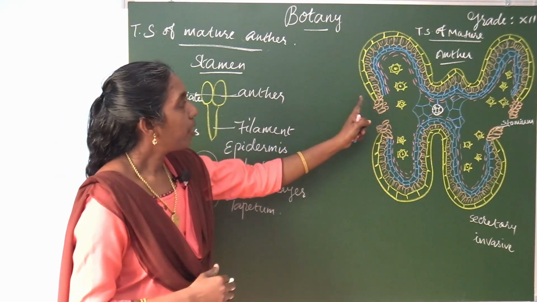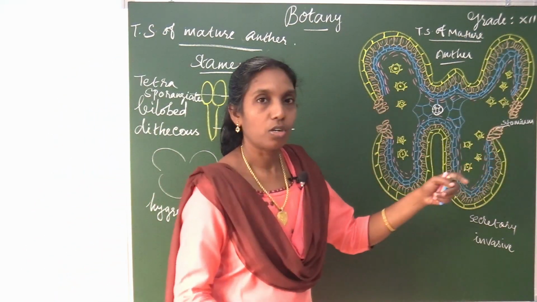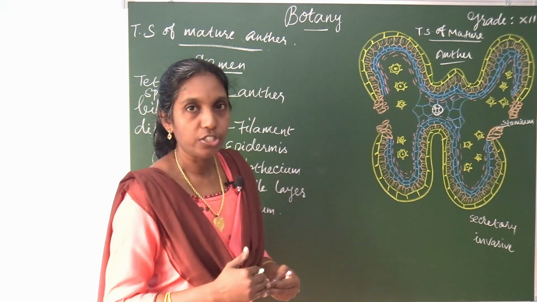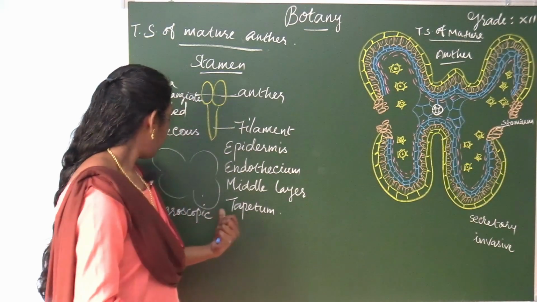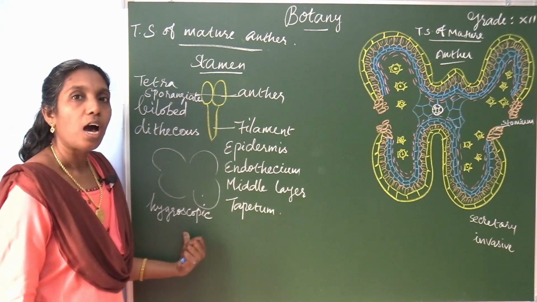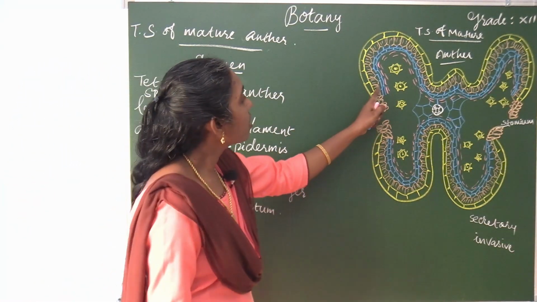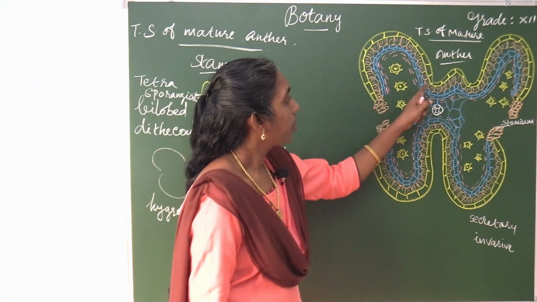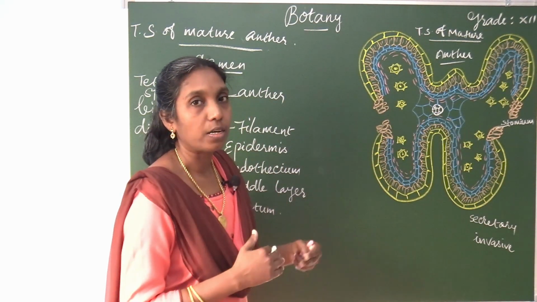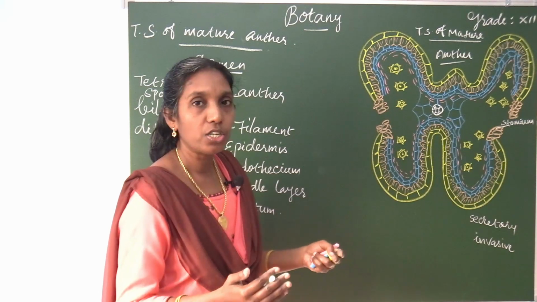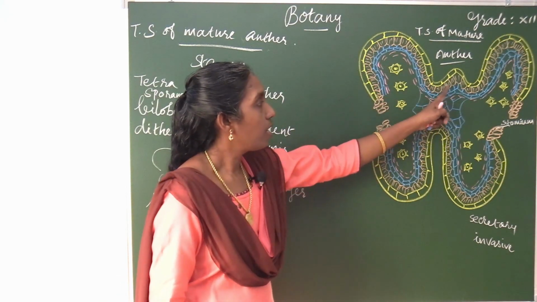So inner to the epidermis there is a single layer of cells which is called endothecium. The nature of endothecium is hygroscopic, which contains bands of alpha cellulose present in the tangential walls, sometimes in the radial walls of the endothecium layer.